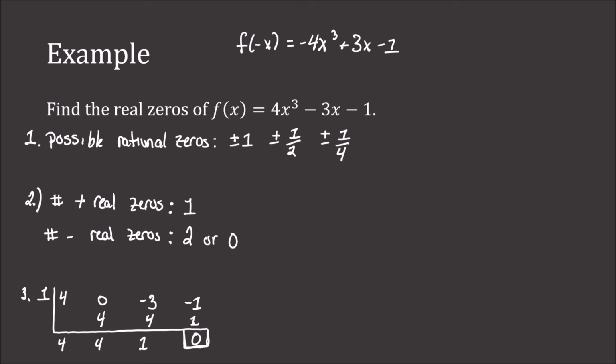So the fourth thing we're going to do now is write 4x cubed minus 3x minus 1 as x minus 1 by the factor theorem times 4x squared plus 4x plus 1.